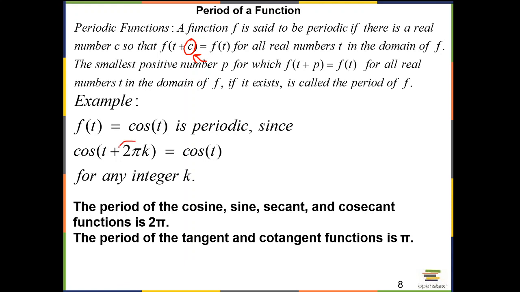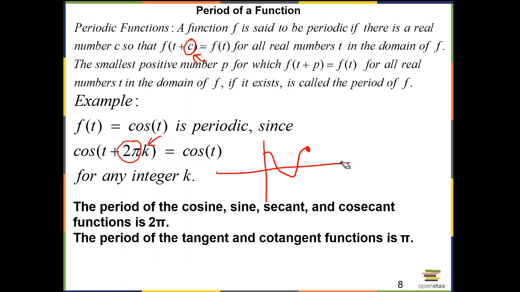So if you take 2 pi, which is one period, and add multiples of 2 pi to a number, then the cosine of that will be the same. Or sine, it doesn't matter. Here is the cosine graph.